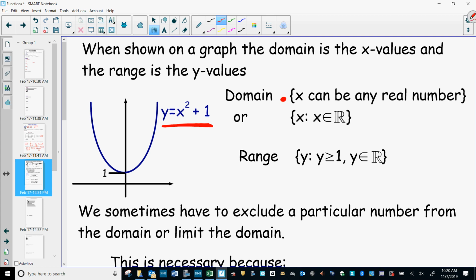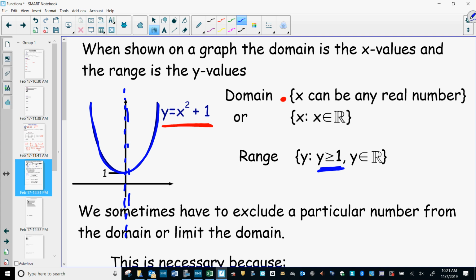Our range. So we need to look at our graph here. So can we see anything specific about the location of our graph? So this is where our graph sits. What about the values? Remember our y values. So we're looking at the values that it can take along this axis. Can we see that the values of y have to be greater than or equal to 1?